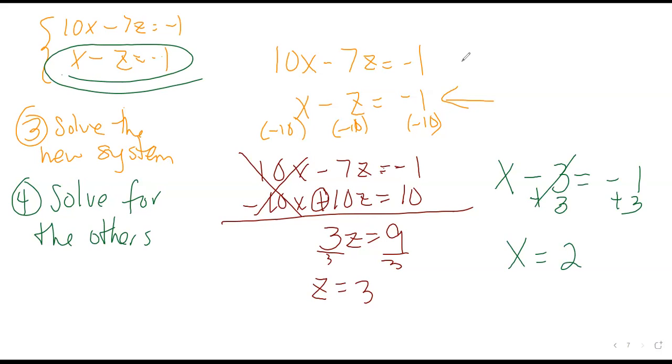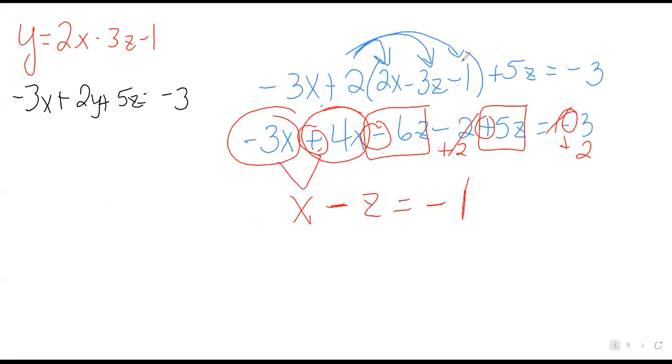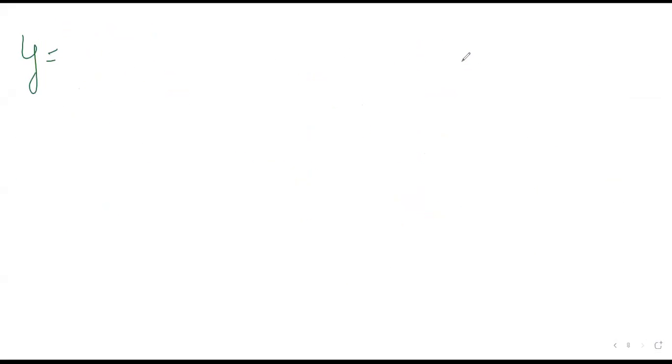So right now I have 2 of my numbers and I just need that third one. So I'm going to go back to my original y equals, what is it? 2x minus 3z minus 1. I know that x equals 2 and z equals 3.